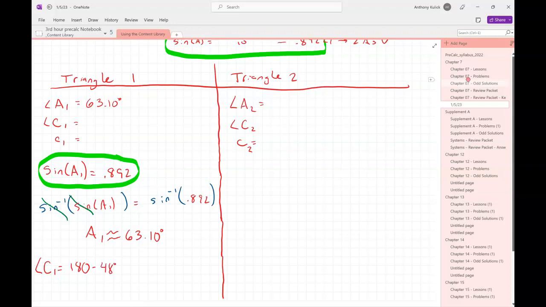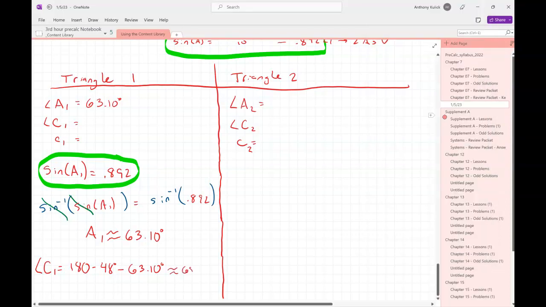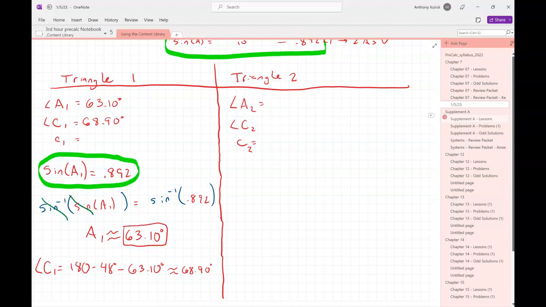So 48 was angle B. That was given to me in the original problem. And I just found the value for angle A. So that should be 68.9. Everybody so far so good?